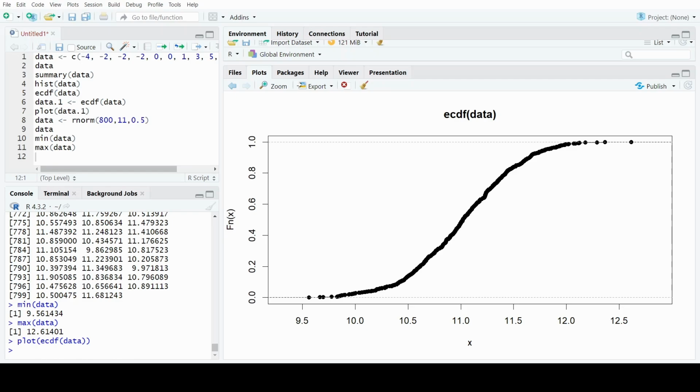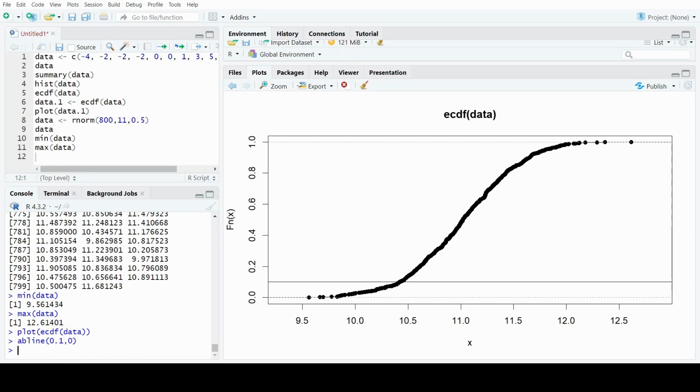And what I'm going to do to make things easier here is I'm going to put some lines. Let's go AB line. Let's see if I can get this right first of all. 0.1 comma 0. Let's hope this is right. Yeah, that's right. Okay. AB line 0.05 comma 0.